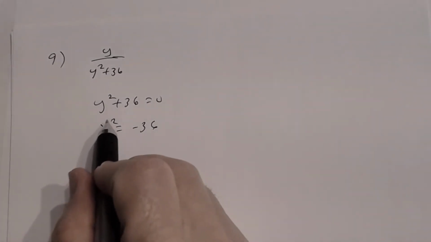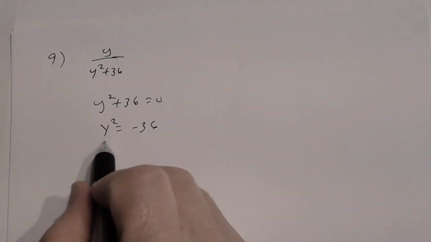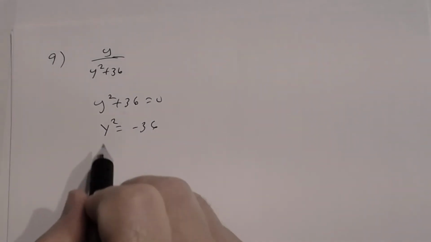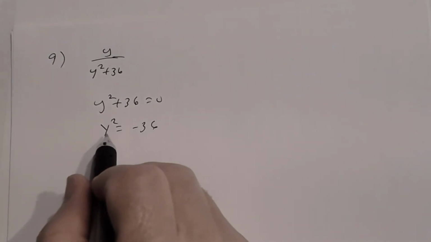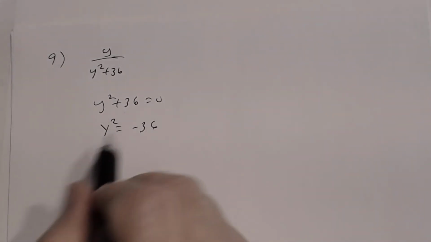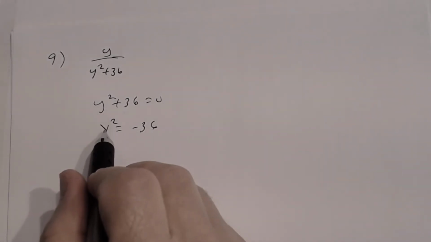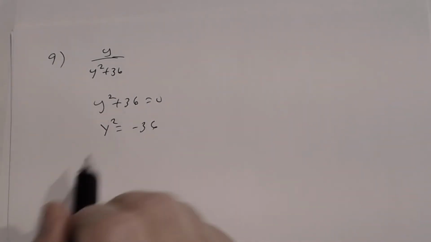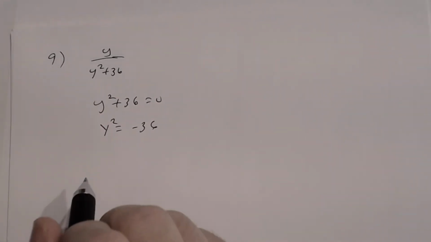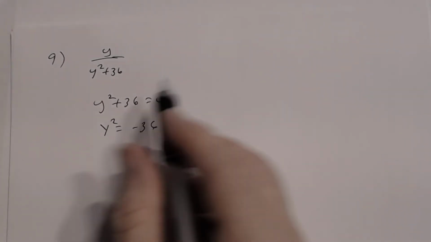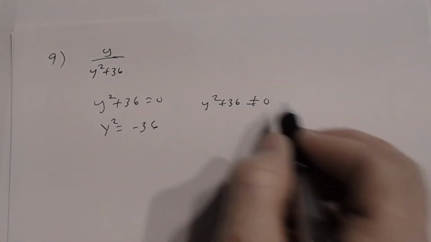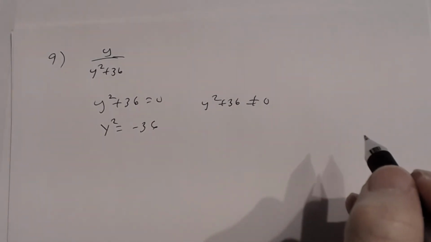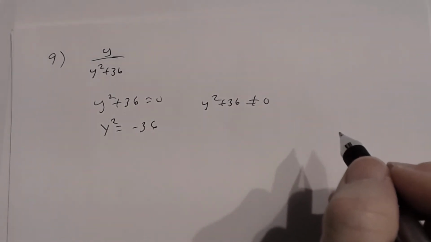Well, if I square a negative number, is that ever going to be negative? A negative times a negative is a positive. If I square a positive number, that's never negative either. And if y is 0, 0 squared is 0, that's not negative. I'm sorry, that's not 0. So y squared plus 36 is never going to equal 0. No matter what you try and substitute for y, it's never going to be.